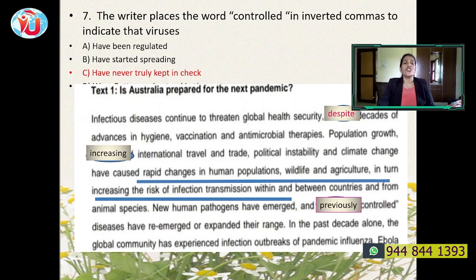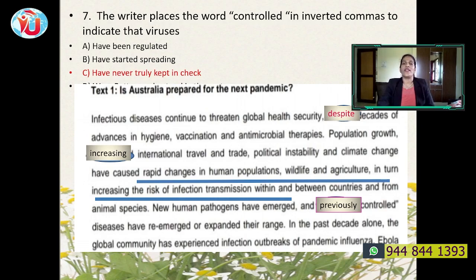Infectious diseases continue to threaten global health security despite decades, you see, a time expression is there, of advances in hygiene, vaccination and antimicrobial therapies. Population growth, increasing. Whatever slides I gave you before are very useful, so you do the same here.